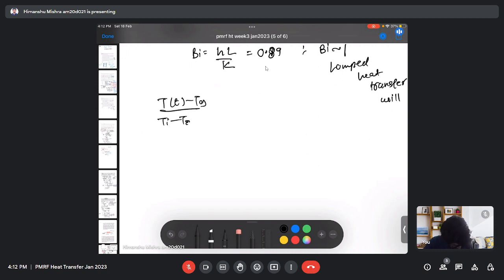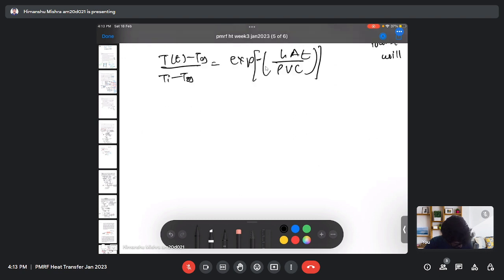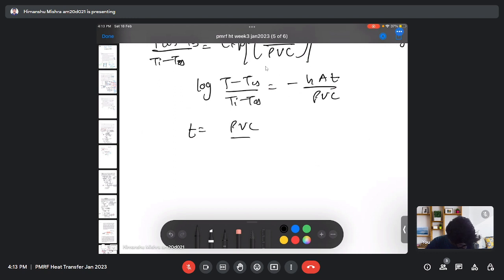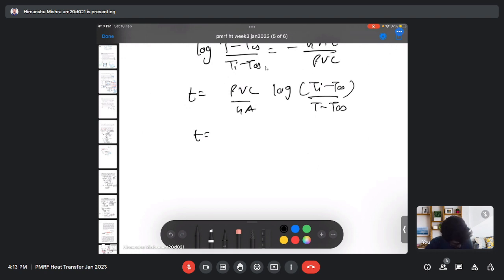We will use the same formula, so we just put the values here. The density, let's say 996, and V by A, I'm directly putting here, 0.0689.